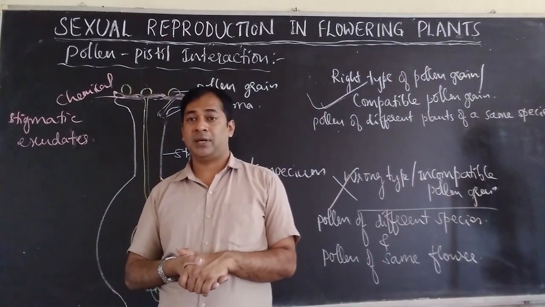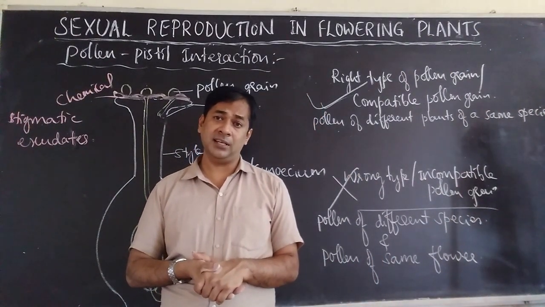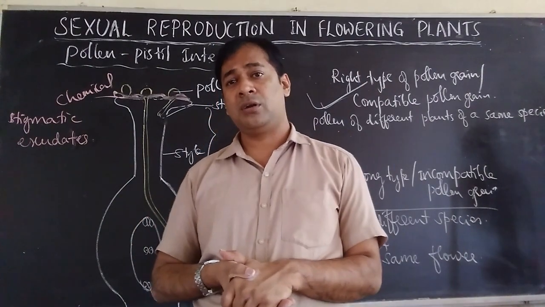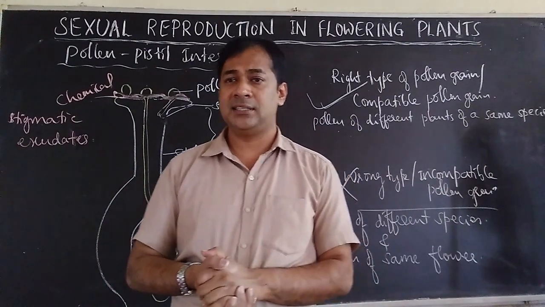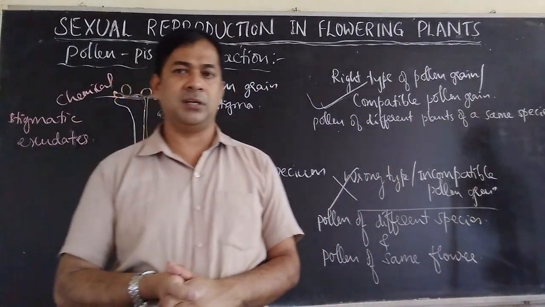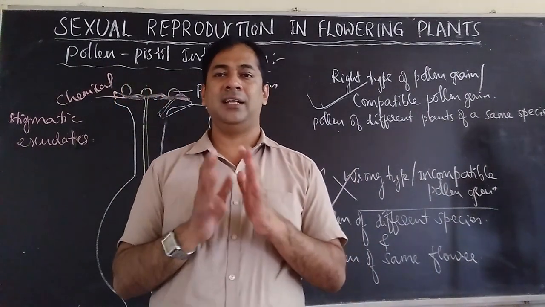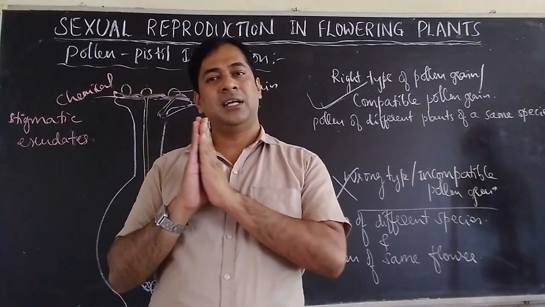Then you may ask how the stigma has this ability to identify whether it is wrong or right. That's a genetic mechanism. The genes present in the stigma have the ability to identify which is the right type of pollen grain and which is the wrong type.